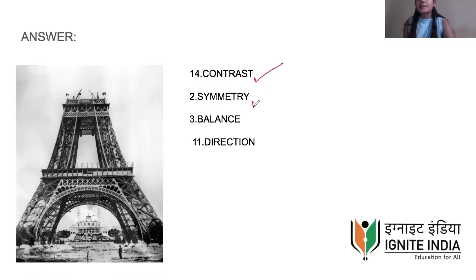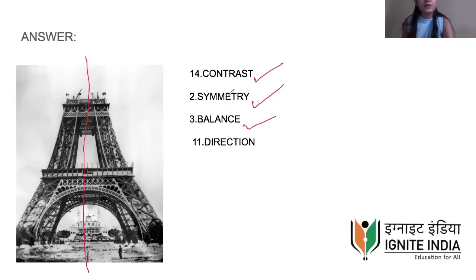Second is symmetry. Why symmetry? Because we know what symmetry is: when we divide the image in half, it should become equal. So that's the second thing that will strike your eyes. Third thing, balance. Of course, if there's symmetry, balance will always be there. We know the Eiffel Tower is symmetrically balanced. That's why this should be the third most important choice when we are answering, because these questions have many options given and 4 answers are correct.